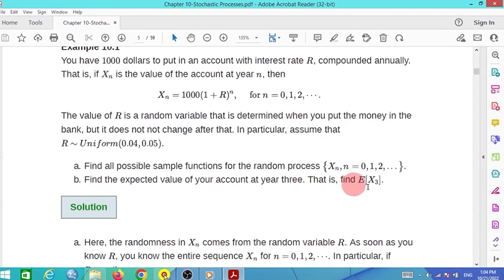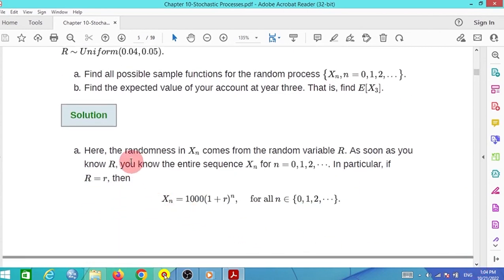That is, find the expected value of x_3. Solution. Here the randomness in x comes from the random variable R. As soon as you know R, which is uniformly distributed, so at first you select a random number in this interval, say r.